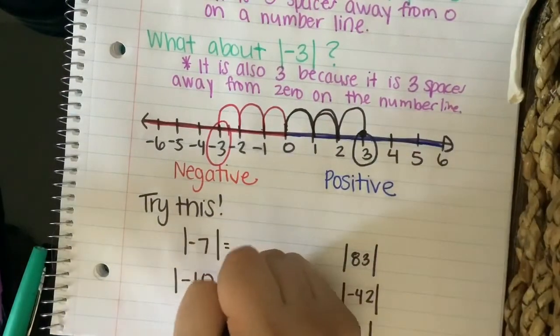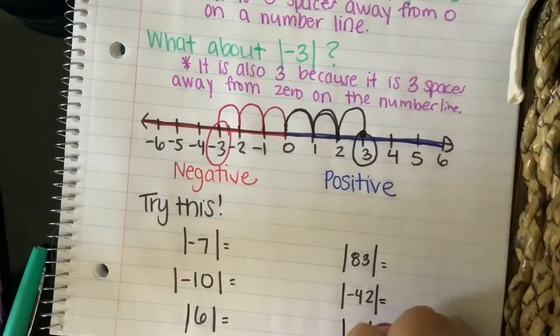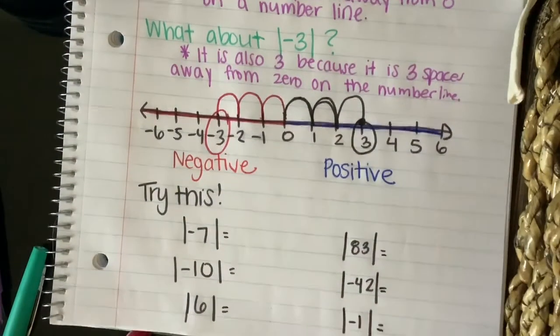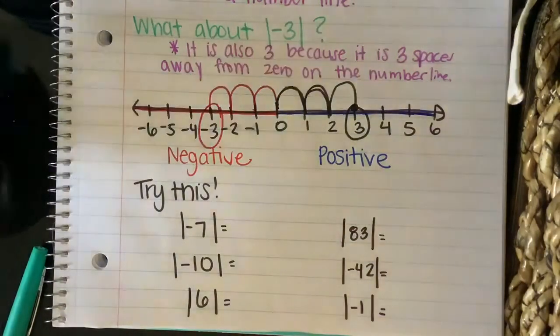So go ahead and take care of those problems. If you need to draw out your number line like we did out here, absolutely do that. Go ahead and pause the video and do your work, and then you can check your answers.